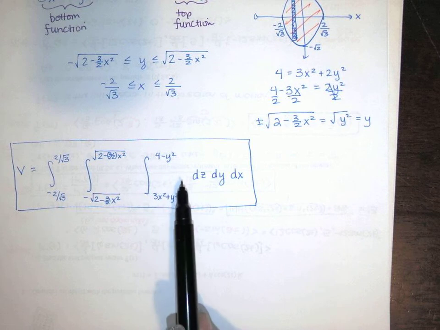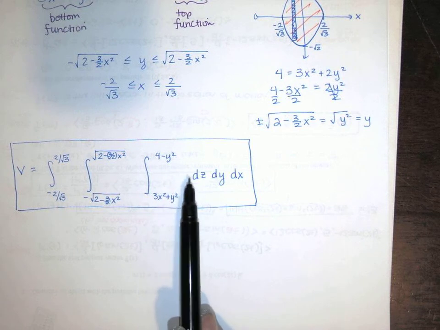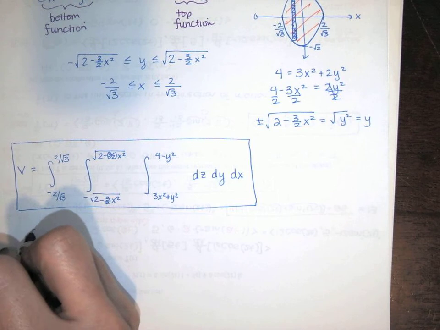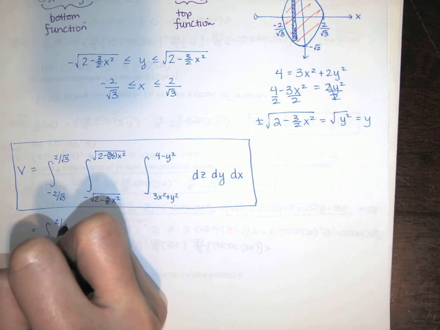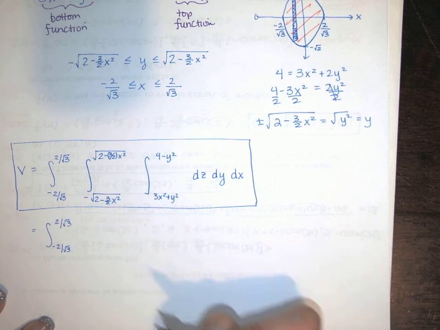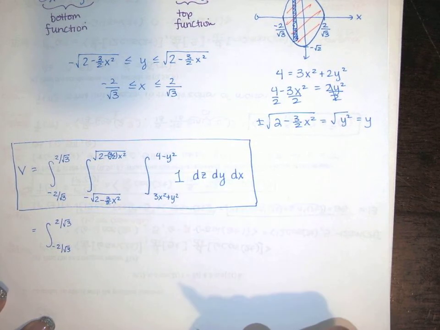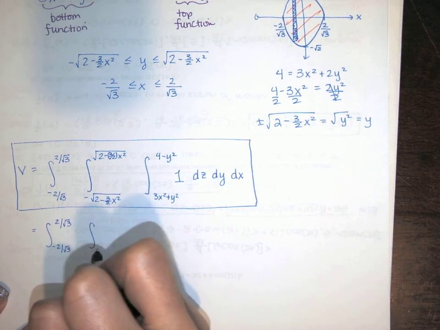Now when I integrate with respect to z, well, actually I think we might be able to do this really quickly. Let's find the volume of that solid. I'm integrating 1 with respect to z, so I just get z.